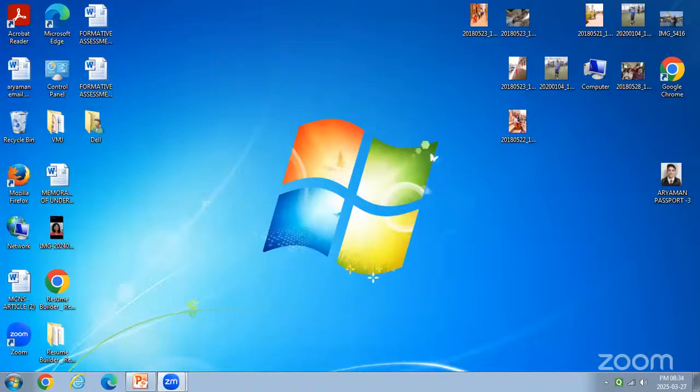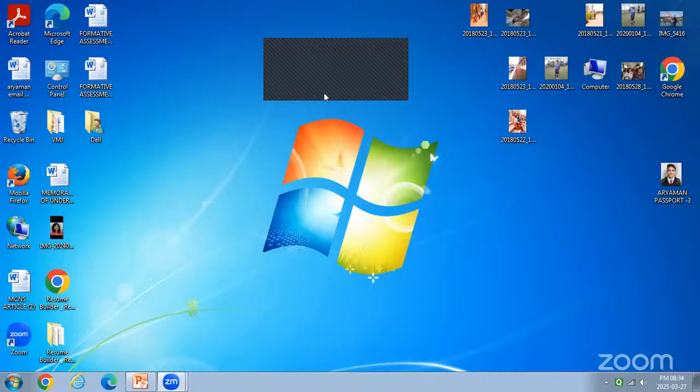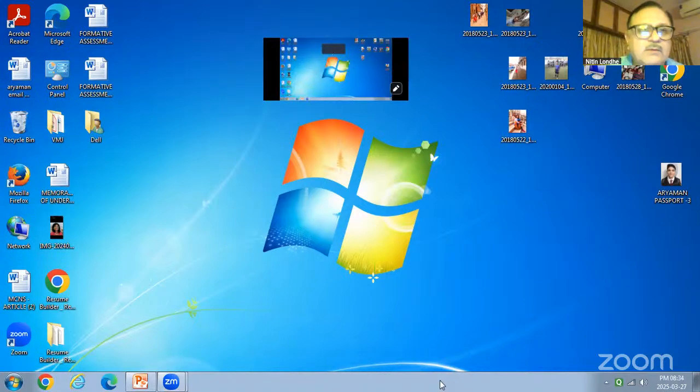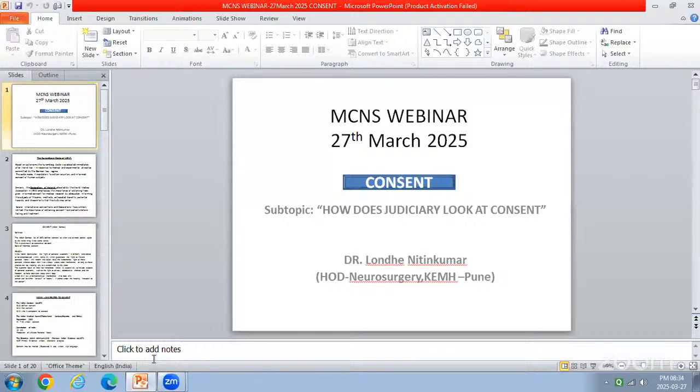Yes, something is seen, but it's not the screen which I want to show. Click on the PowerPoint icon at the bottom on the taskbar, next to Microsoft Edge. Yeah, that one. Now go on the presentation mode, the one on the right. Perfect. Correct. Thank you, Kishore.